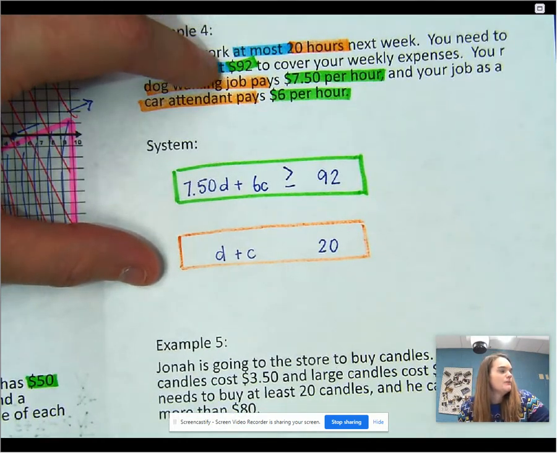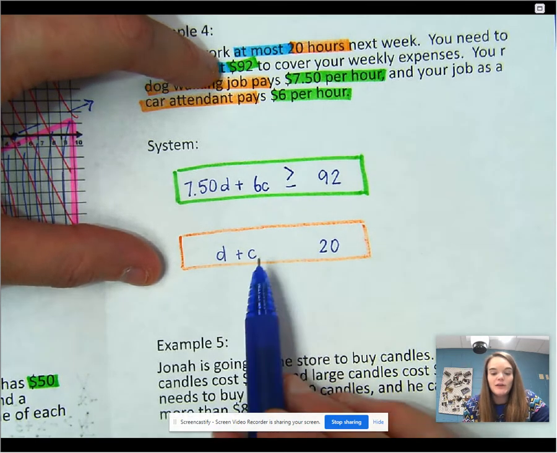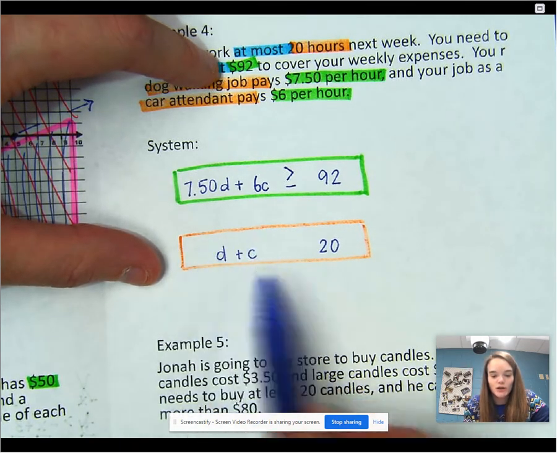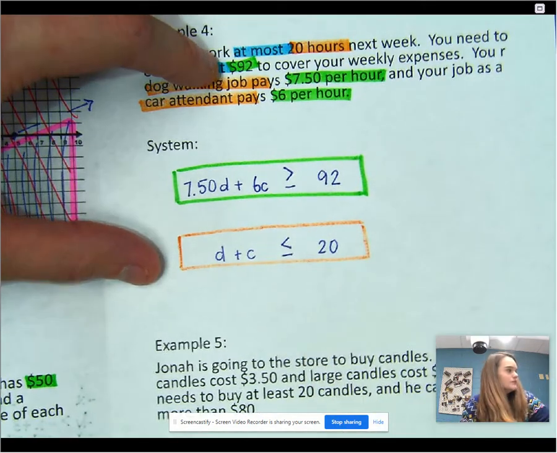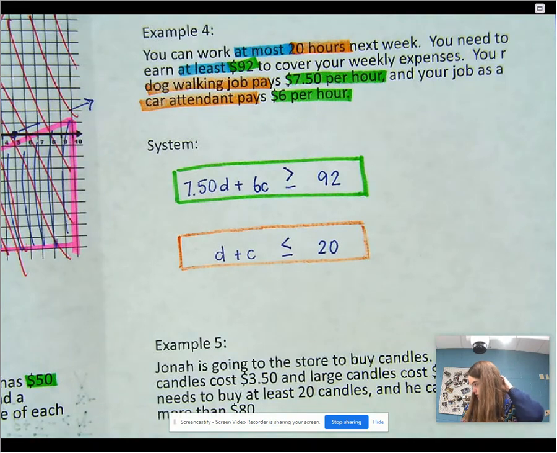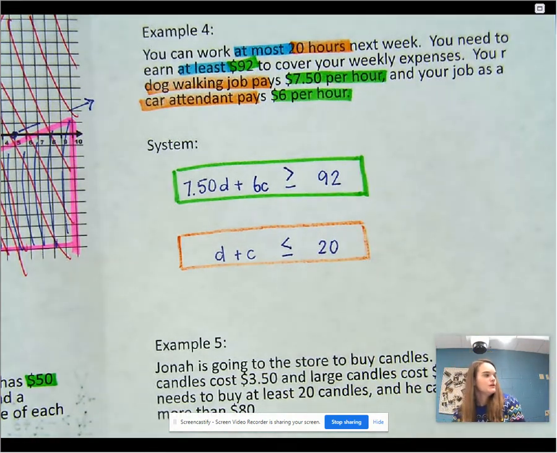At most 20 means you do not and cannot work more than 20 hours. So that means the total number of hours you work needs to be less than or equal to 20. Because you cannot work more than 20. It says at most 20, so no more than 20. Okay, there are your two systems of inequalities.